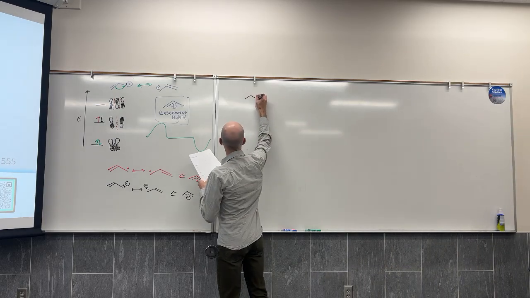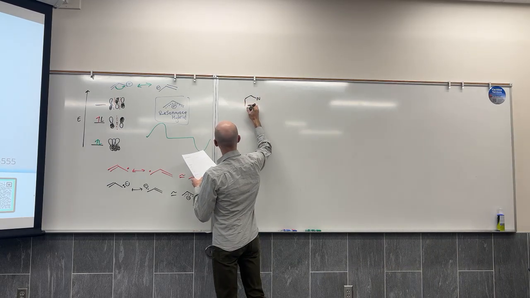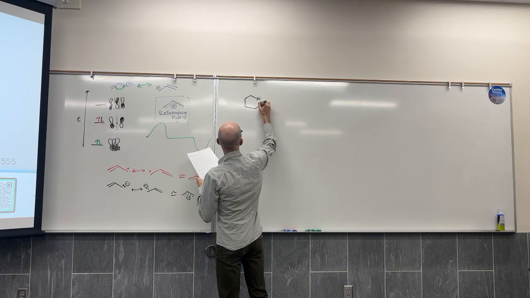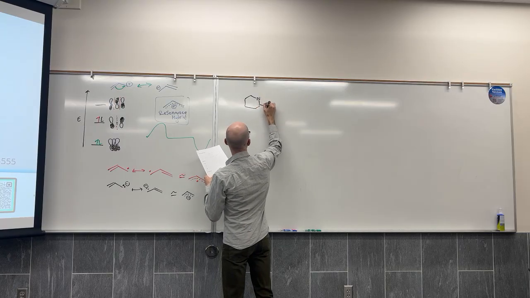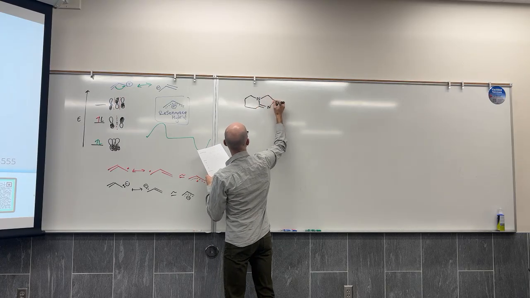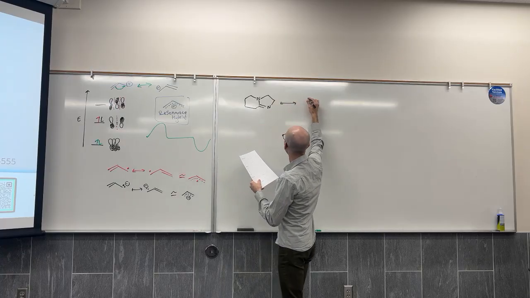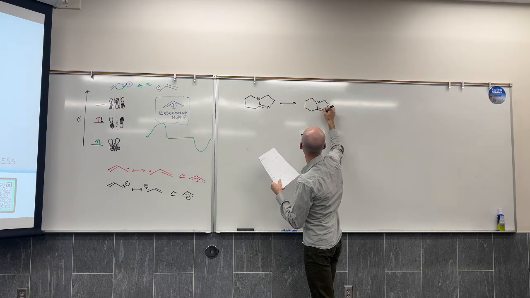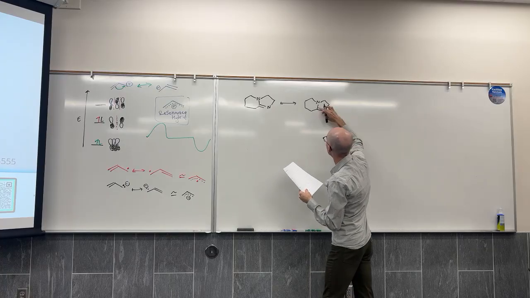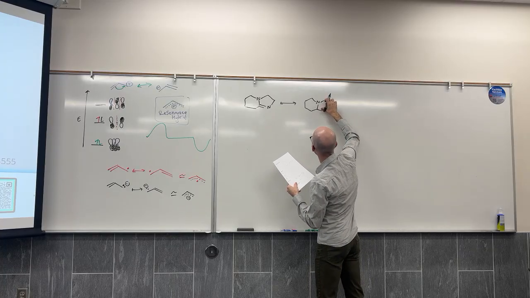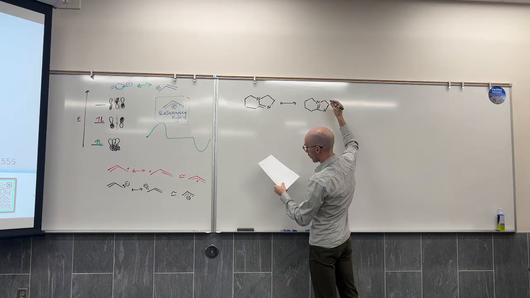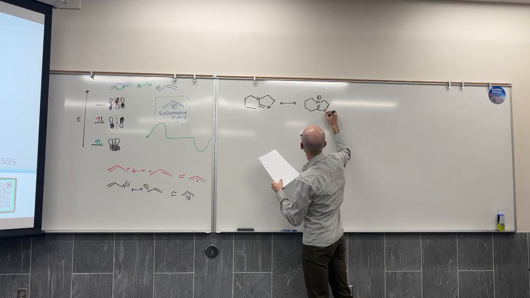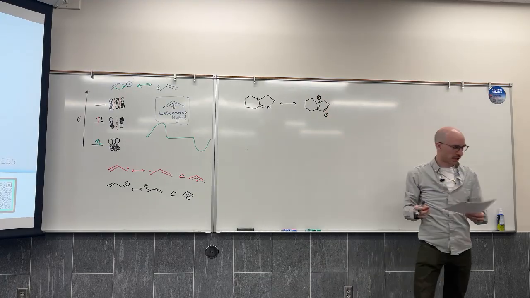So I've got this 6-membered ring fused with a 5-membered ring, and I've got 2 nitrogens. As we look at the other resonance form, we see that the double bond has shifted and we've created charge. A positive charge on one nitrogen, a negative charge on the other.